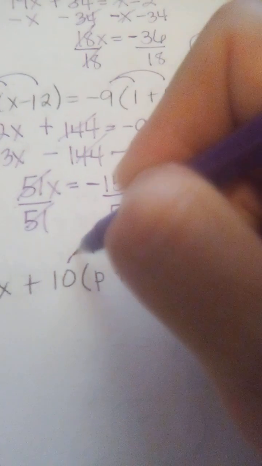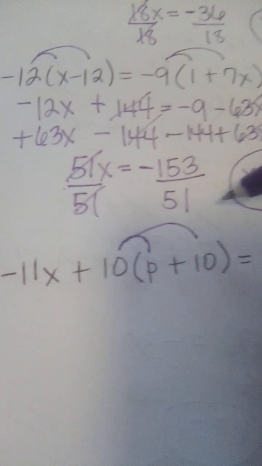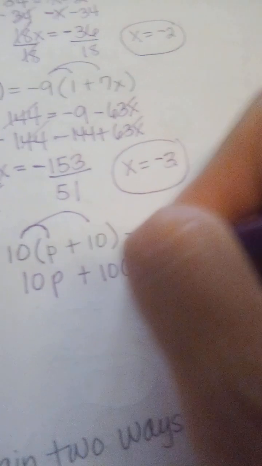Let's do the first part. What's 10 plus p? 10 times p is 10p. 10 times 10, we know it's 100, positive. Now bring down 11x. Let's do the next one.